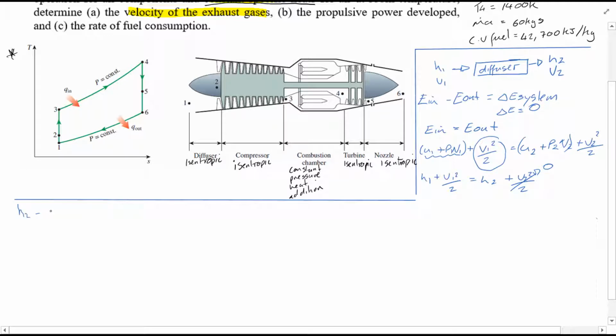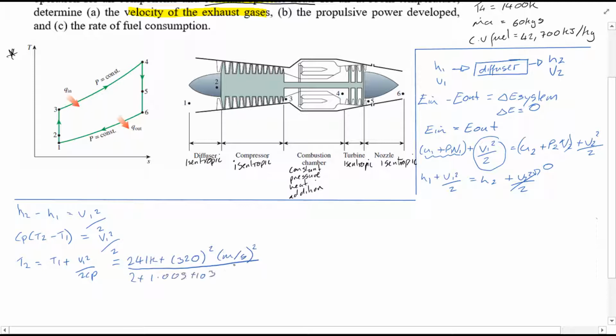So okay, rearranging this and subbing in the values, you'll find, of course, that the times 10 to the 3 is to take into account that we need to be using joules and not kilojoules, and that'll give you a value of T2 equal to 291.9 Kelvin.